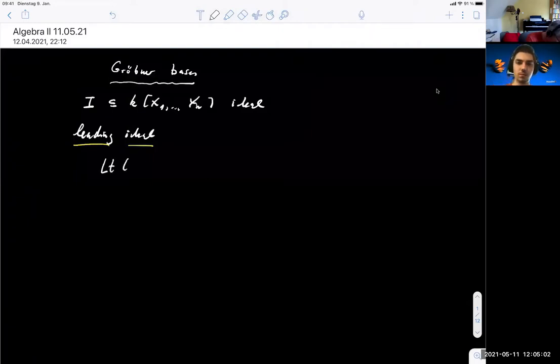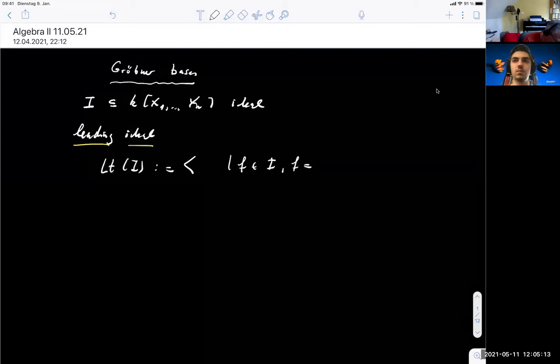I denote it this way. Take any element f in the ideal which is non-zero. Then it has a leading term, LT of f. And then we look at the monomial ideal generated by these leading terms. So that's the leading ideal.